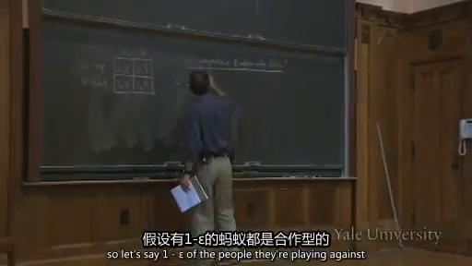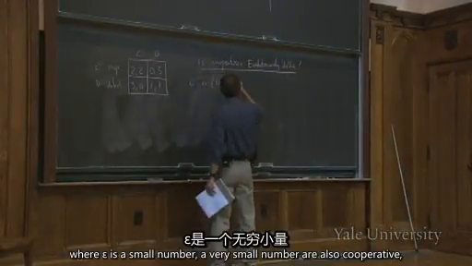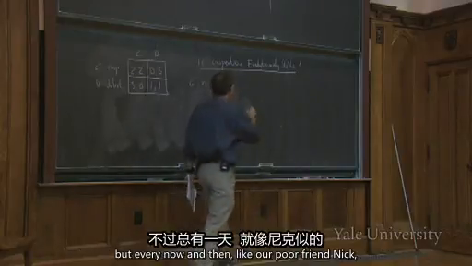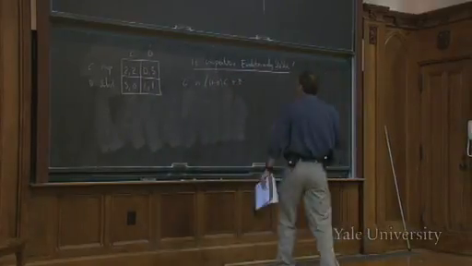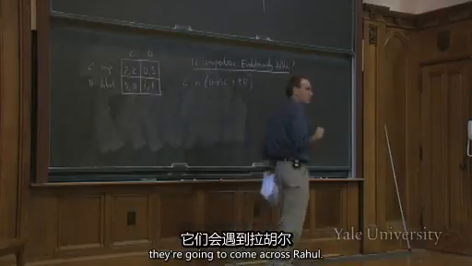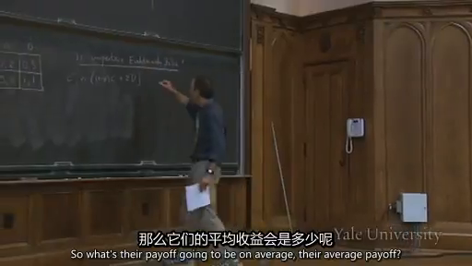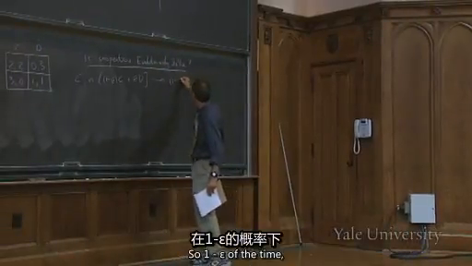So let's say 1 minus epsilon of the people they're playing against, where epsilon is a very small number, are also cooperative. But every now and then, like our poor friend Nick, they're going to come across a nasty mutant. They're going to come across Rahul. So what's their payoff going to be on average, their average payoff? So 1 minus epsilon of the time.